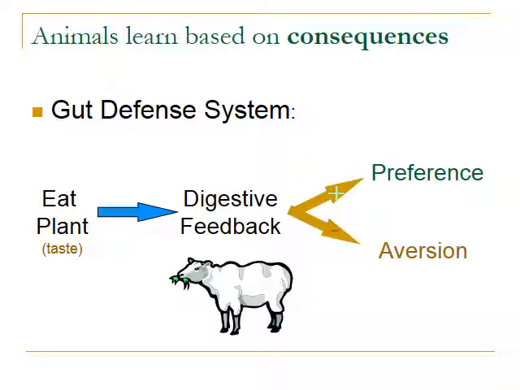On the other hand, if they eat something and they get digestive feedback, specifically nausea, if they feel nauseous, they'll form an aversion. Probably quite a few of you have aversions. You ate something one time and it made you sick, and you become averted to it. You don't ever want to see the thing again. Animals have these same kind of aversions. Generally, in ruminants and grazing animals, we don't see lifelong aversions, but we can certainly reduce palatability of foods based on negative feedback.